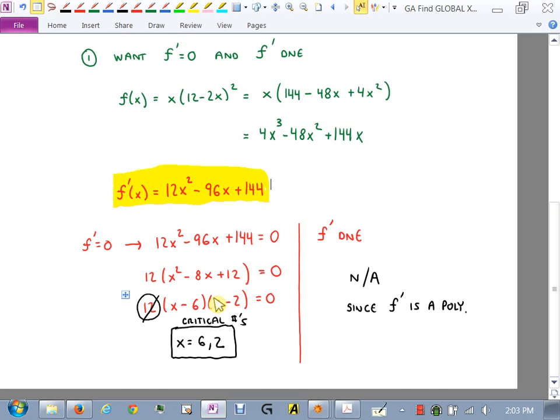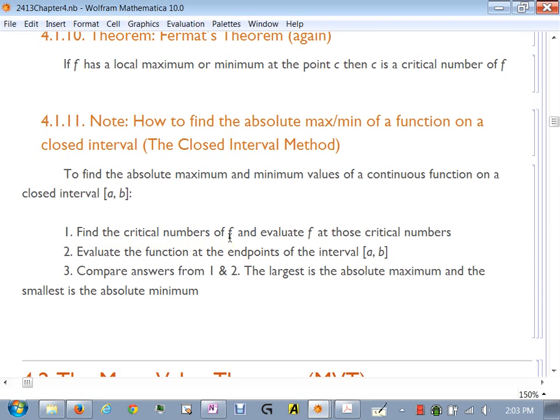Step 2. Oh, no, I haven't finished it. What was step 1? What am I supposed to do once I find the critical numbers? Find the critical numbers of f and evaluate f at those critical numbers. So I'm going to evaluate what at these numbers? The original function, right? I'm going to keep saying that, the original function, over and over, because this is the closed interval method.